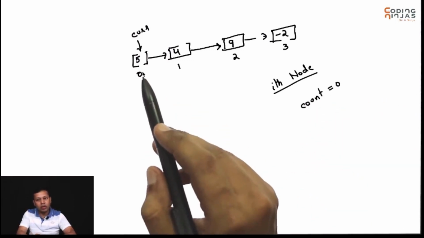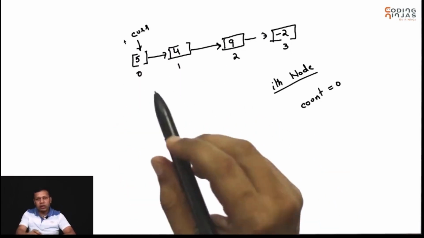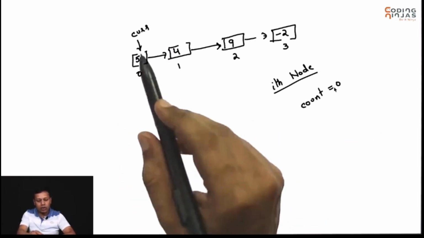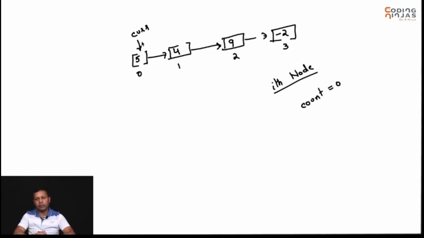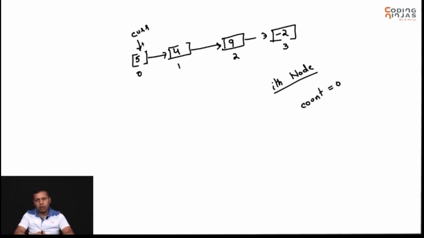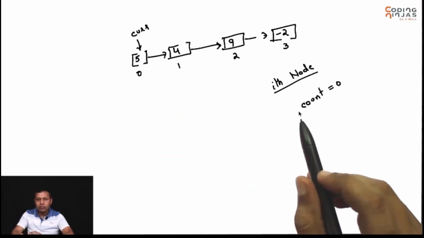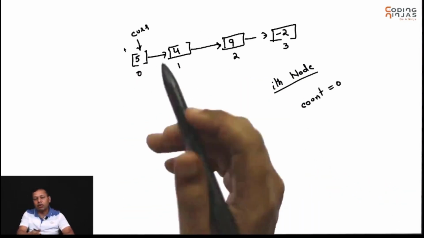So I am at the 0th node, then the first node, then the second node. In each iteration I would increment the count as well as the current pointer, so that I reach the ith node. What I need to ensure is that my current should not be null, because if current is null I cannot go forward.